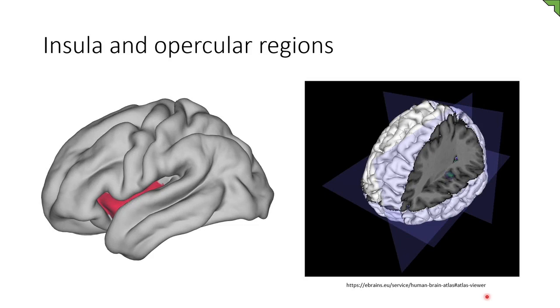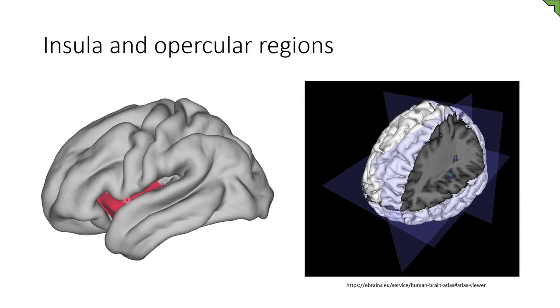Okay, thank you. And I will very shortly come also to the limbic system, but just for completeness, we already talked some time ago about the opercular parts of the frontal lobe. Just important to understand what this is. These are the inner parts that are inside of the lateral sulcus.